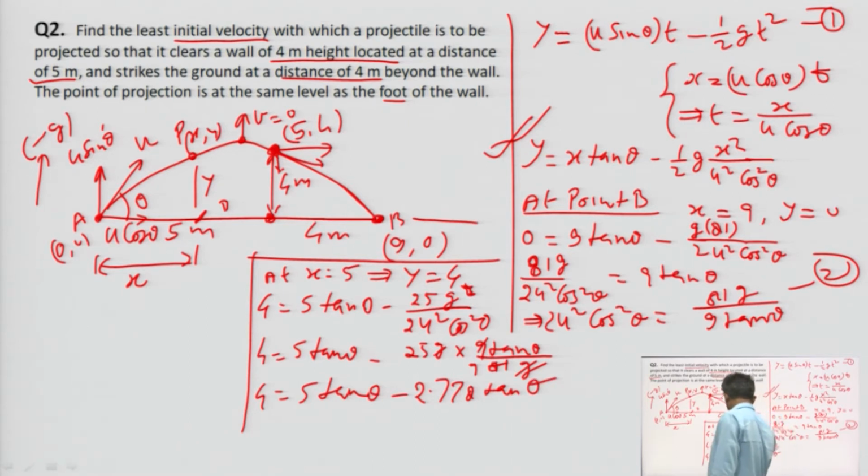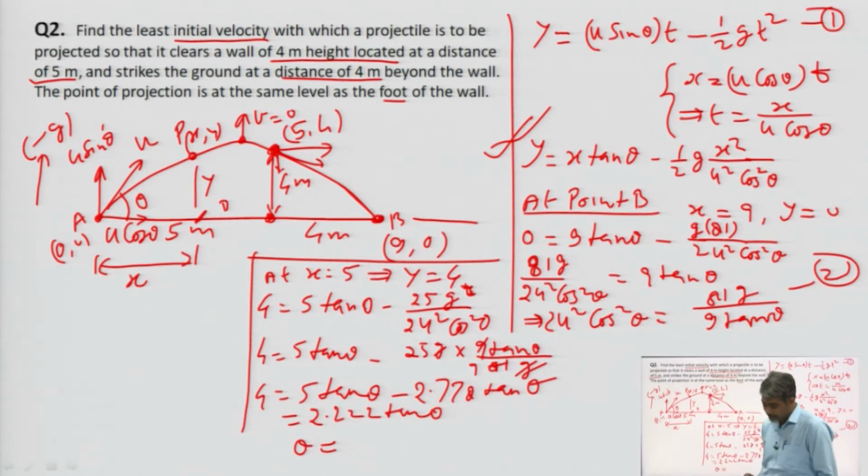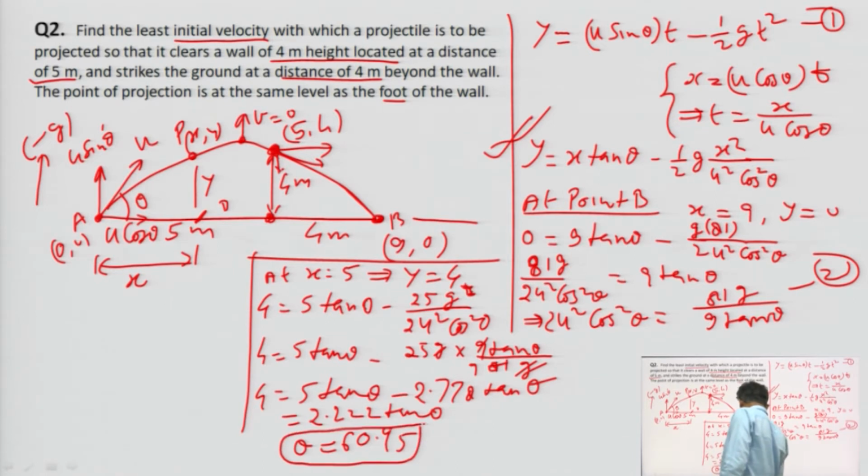So, that is equal to minus 5 means 2.22 tan theta. So, here we can get the value of theta, and it comes 60.95. Okay.